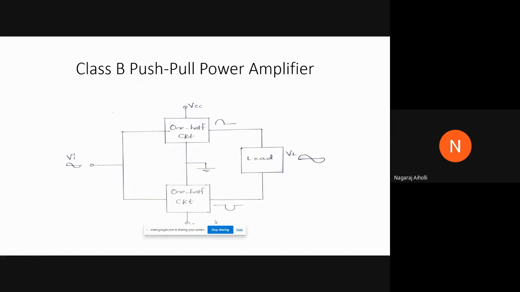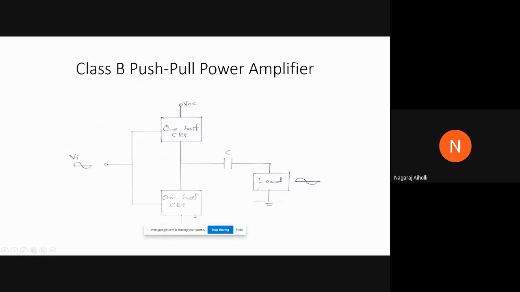We apply the input signal and the output is taken at the load, which is the entire cycle of the signal, because of the usage of two transistors. One transistor conducts for the positive half cycle and the other for the negative half. So this is the introduction to the Class B push-pull power amplifier.